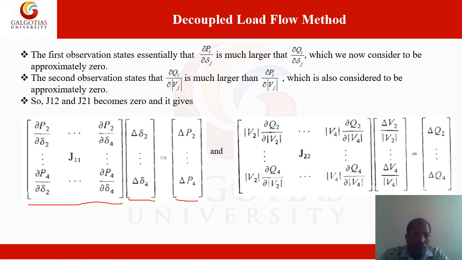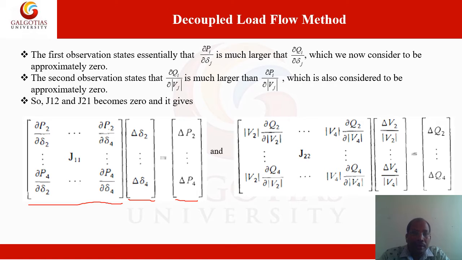So we have to calculate J11 using the partial derivative with respect to del 2, del 3 and del 4. Then we have to put all the initial values, means voltages and angles, to calculate each element, means the diagonal elements of J11 as well as the off diagonal elements of J11.